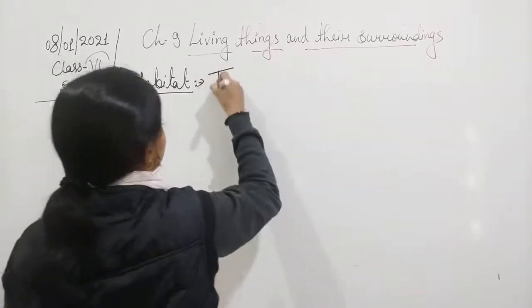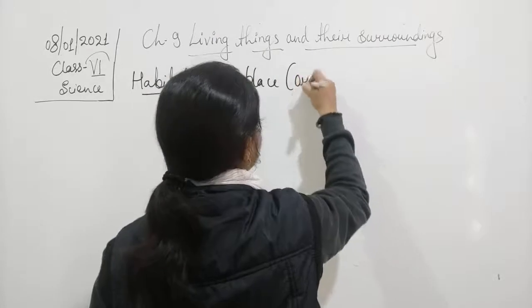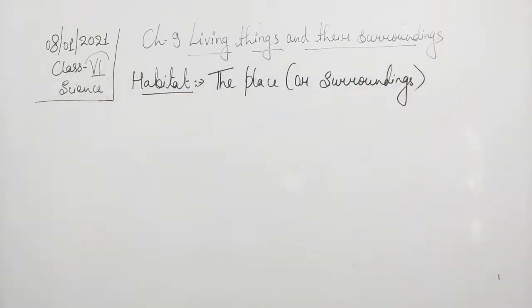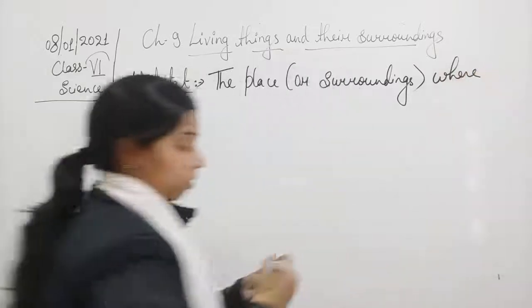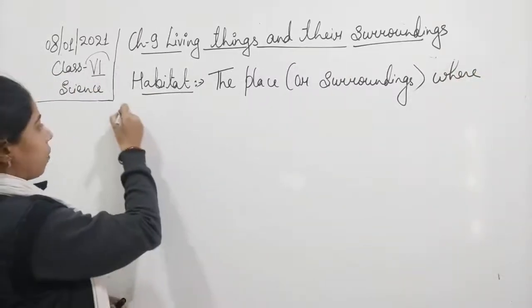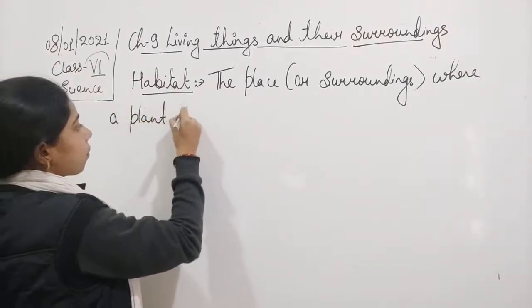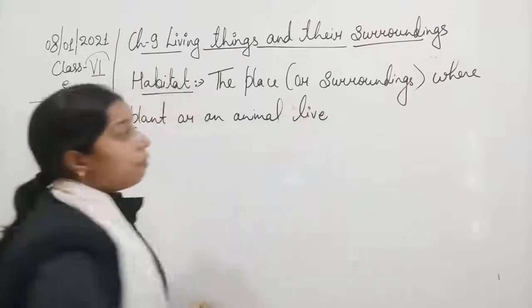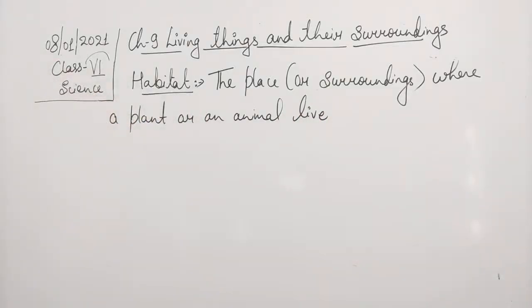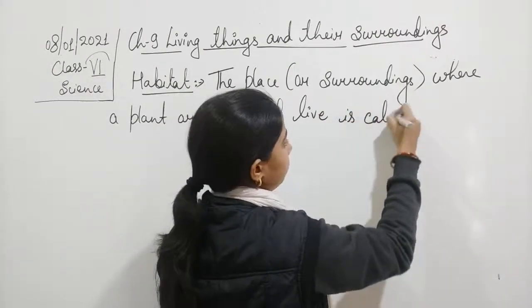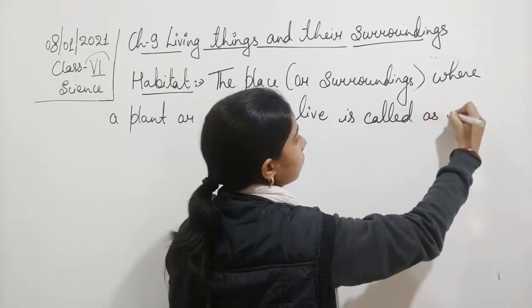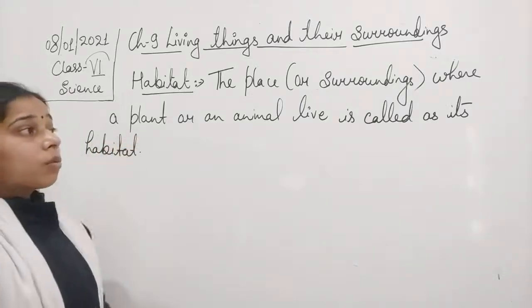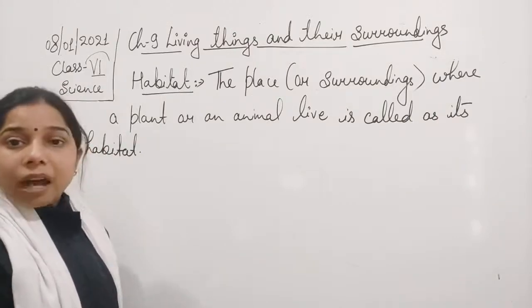The place or surroundings where a plant or an animal lives is called its habitat.